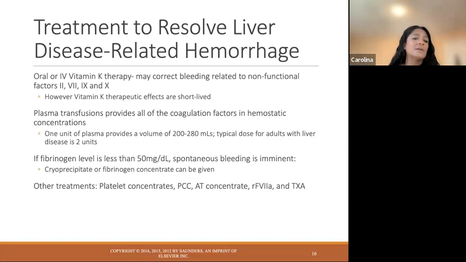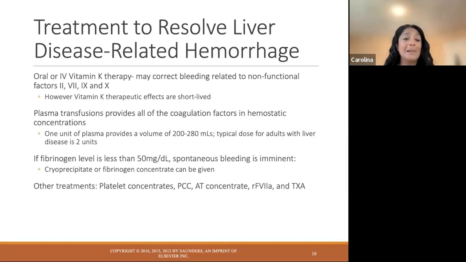So we have it ready so that it can be ordered and then it can be transfused. Cryoprecipitate is really a component that has a lot of protein, and fibrinogen concentrate is the fibrinogen. Most of the fibrinogen concentrate is manufactured, and it could be given to the patient to boost the fibrinogen levels.